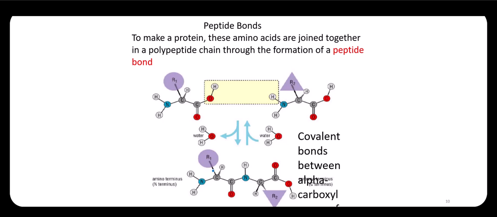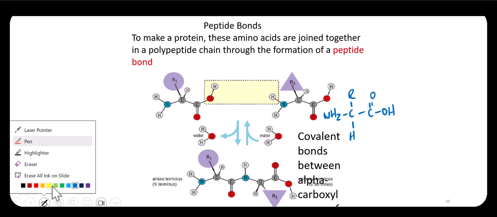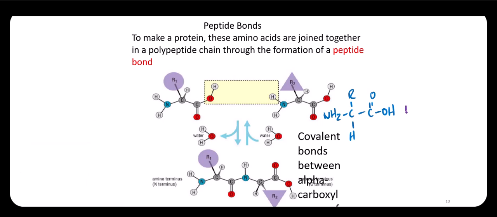So I have an amino acid, I have my amino group, carbon, R group, and my carboxylic acid. I want to join that to another amino acid. I have my amino group and then the rest of my molecule. So I drew out the carboxylic acid and the amino group on the ends where I want to join them.